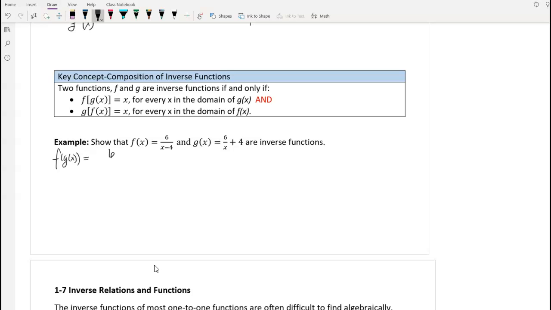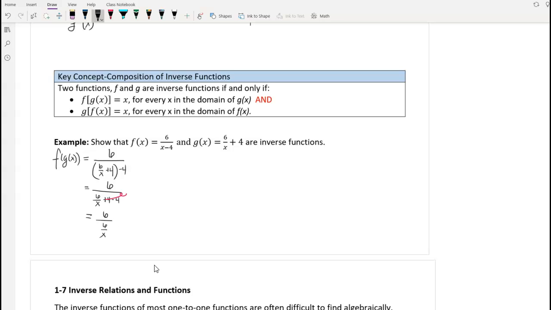So we have 6 over, and instead of x, we're going to put 6 over x plus 4 minus 4. All right, now if we simplify, the plus 4's minus 4's cancel. And now I'm left with 6 over 6 over x.